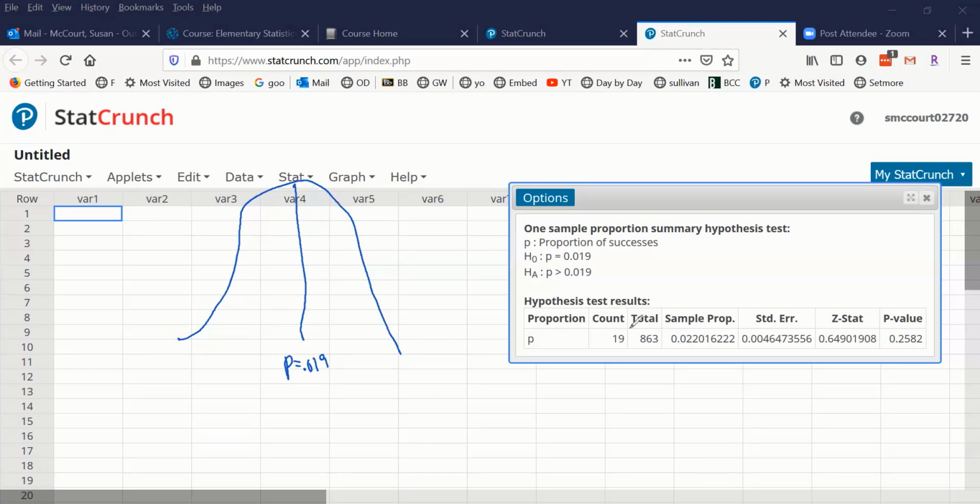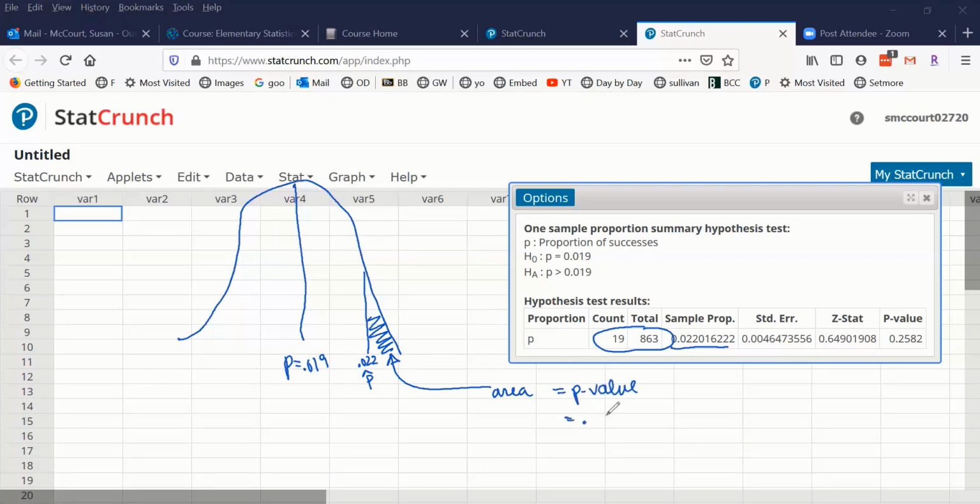We got one sample of 19 over 863, which is 0.022. So here is our 0.022, which is our little p hat. Our p hat gives us this area, which is our p-value.